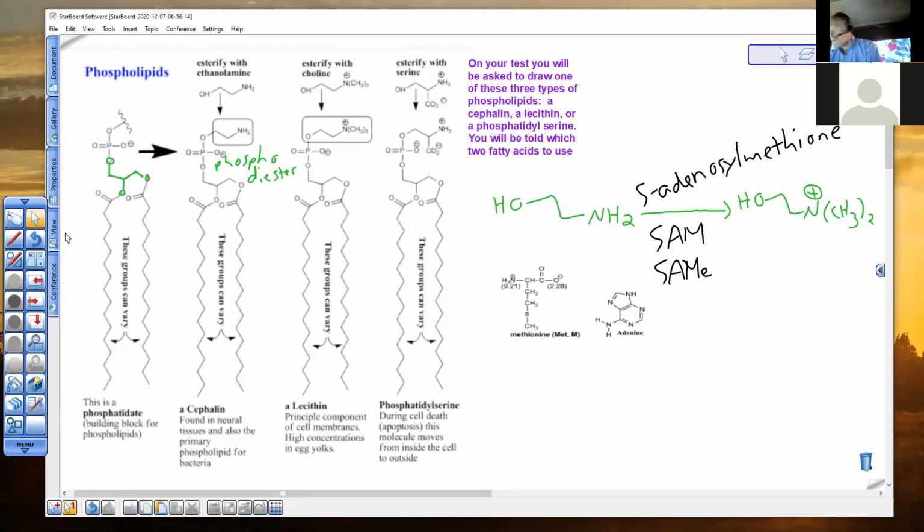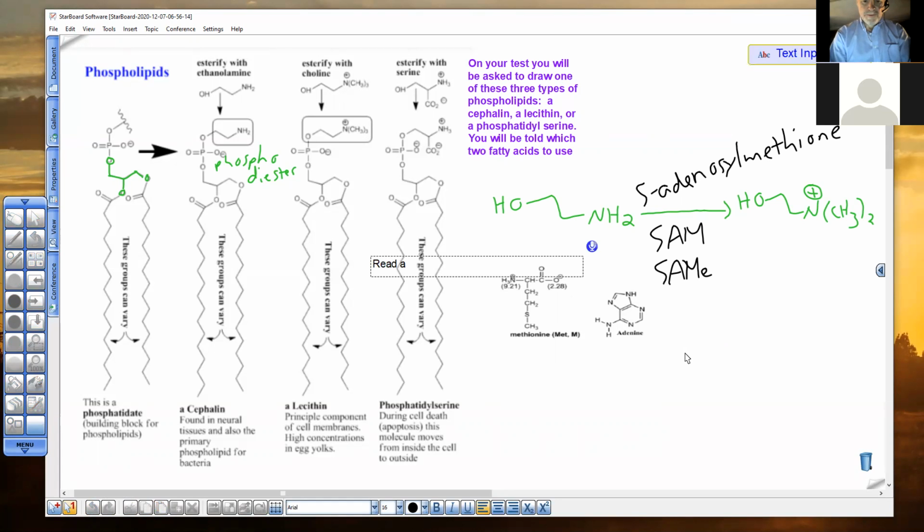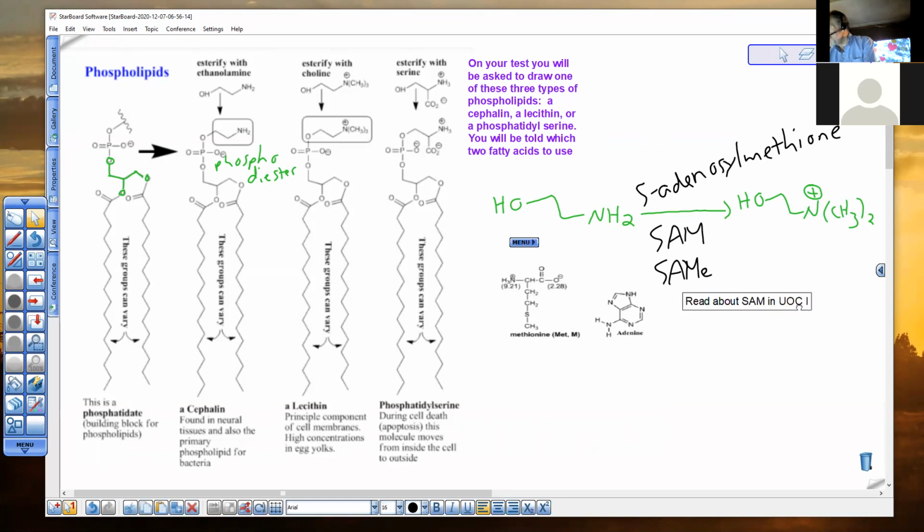And you can read about SAM in the first textbook, Understanding Organic Chemistry, Part 1. But we do not have time to go over reading about SAM. It's a multi-purpose biochemical reagent. Here's two of the pieces used to make it. Ribose is another piece. And on the sulfur, it's attached to the ribose. You'll see its structure when you look up SAM.